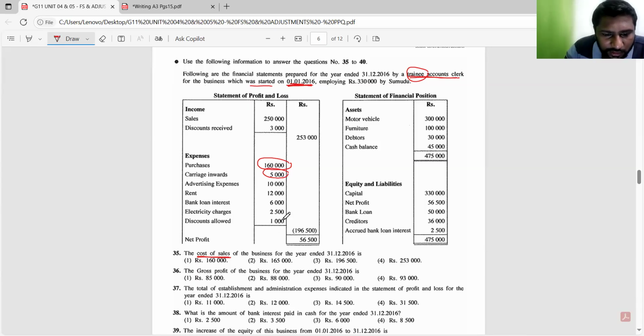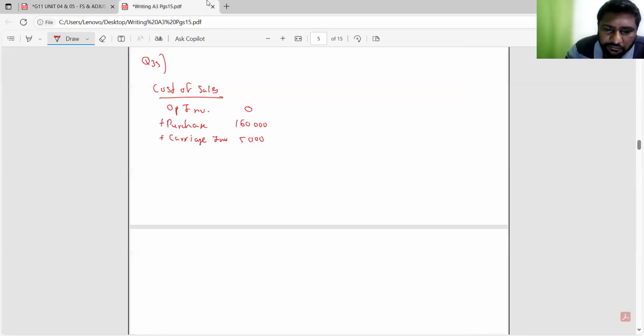Advertising, rent, bank loan interest, electricity charges, discount allowed, and discount received. So no closing stock information is given.